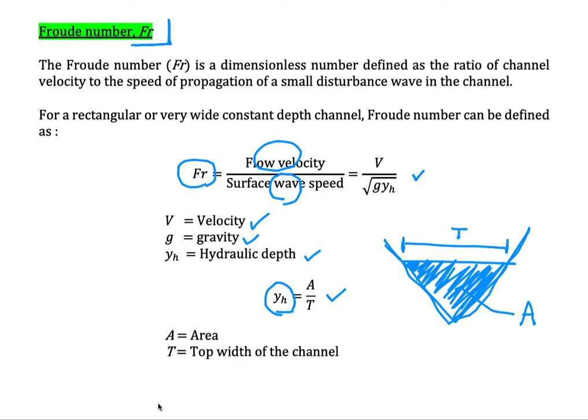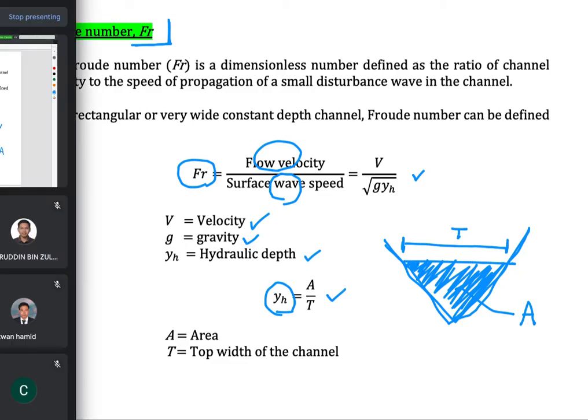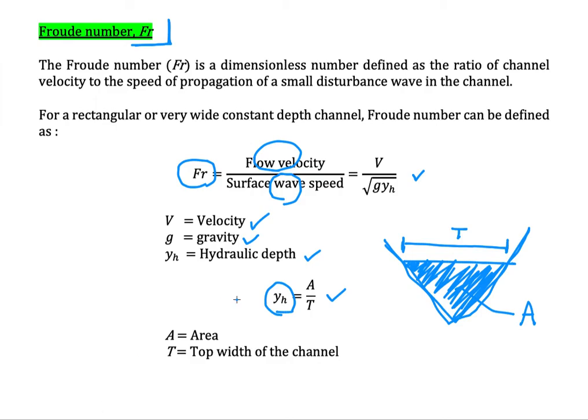In the Reynolds number, there is no function of gravity, but in the Froude number we have gravity here to show that gravity influences the motion. So this is the reason why in open channel flow we always use the Froude number.